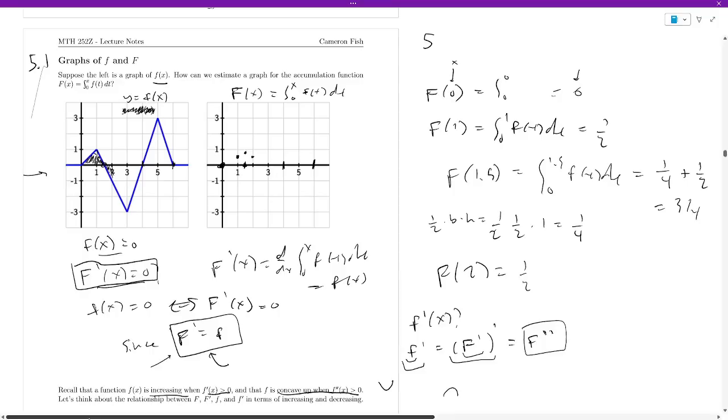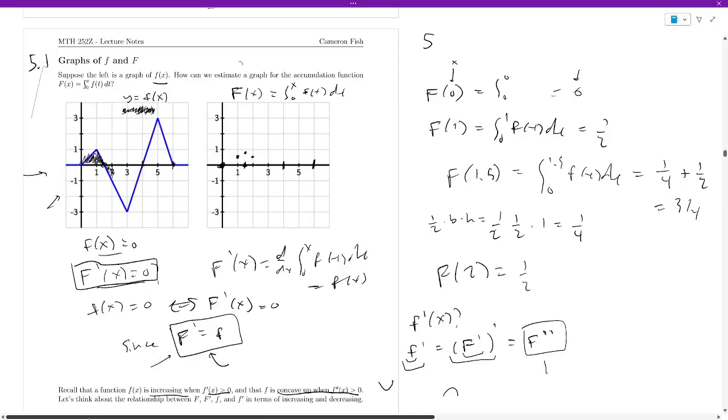So for example, little f is positive, my graph on the left here, all the way up until 1.5, which means that big F is increasing all the way up until 1.5. Okay, I know big F is increasing. Is it concave up or down? That'll help me draw it.